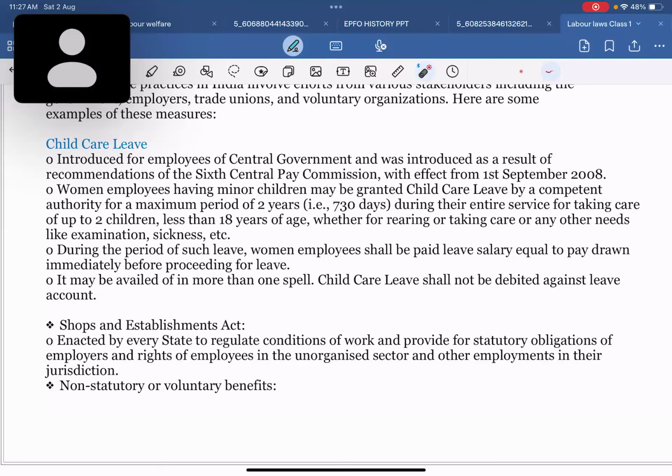Understand? You said, Juhi, that the question was dynamic. Last year the questions were dynamic in the APFC and EO examination. That means they ask the questions in between the lines. They will ask from these, such as employees of the central government and the 6th Central Pay Commission.